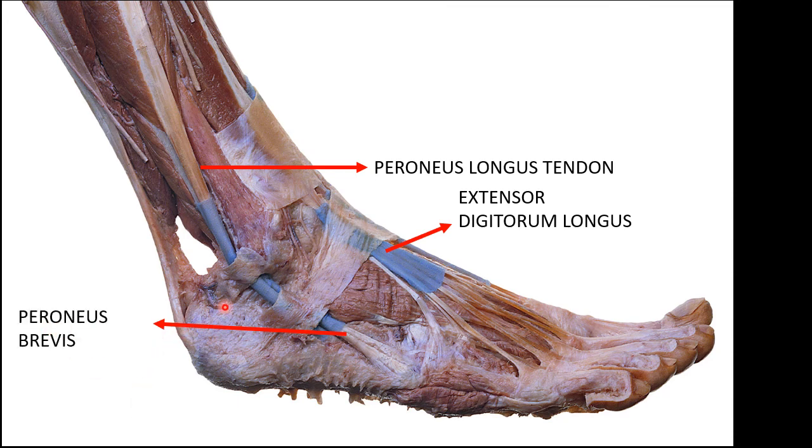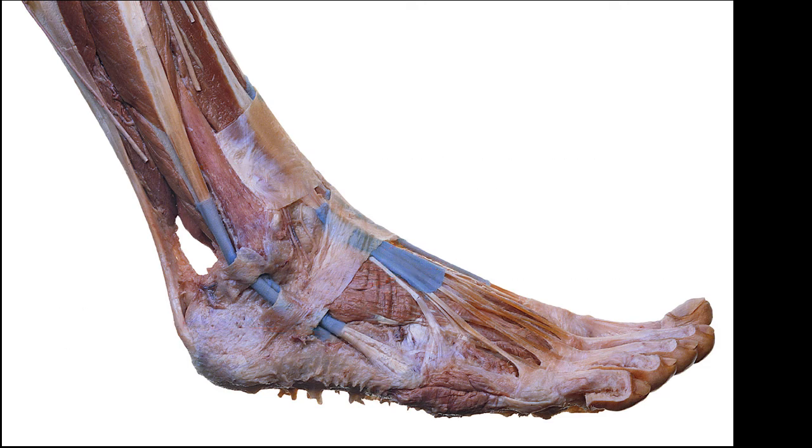This is peroneus brevis, and here you can see peroneus longus. This is the muscle present at the dorsal aspect of the foot called extensor digitorum brevis. That is about the muscles we can identify in the dorsal aspect of the foot.